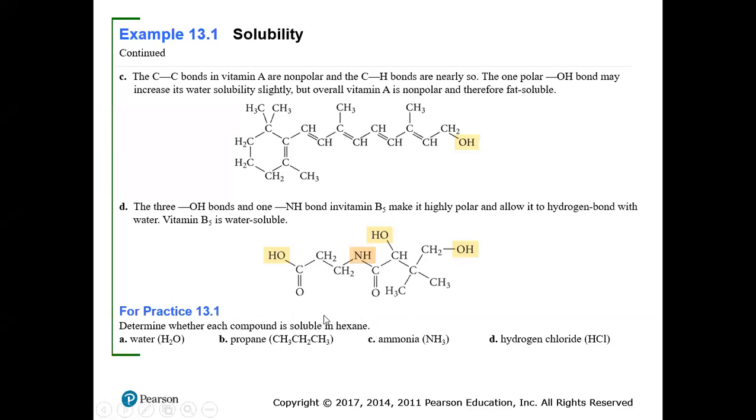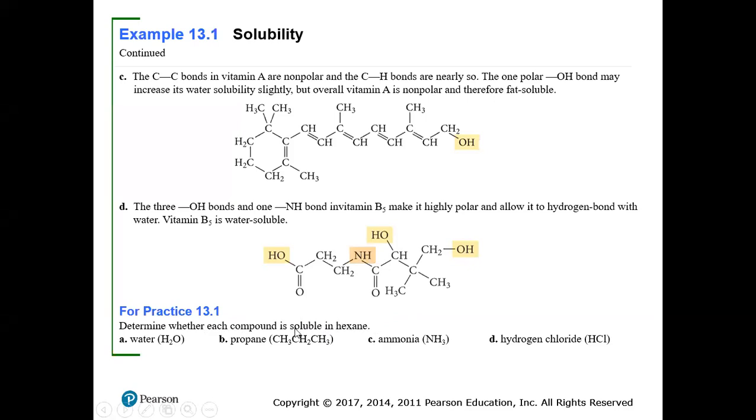Now we've not learned organic naming at all in this class, but hexane is an organic compound that only has carbon and hydrogen. Because it only has carbon and hydrogen, and since it's hexane, it would have 6 carbons. Since it's all carbon and hydrogen, this would be a nonpolar solvent.